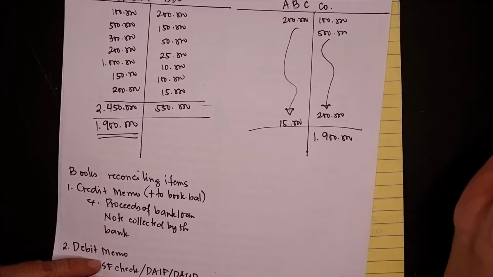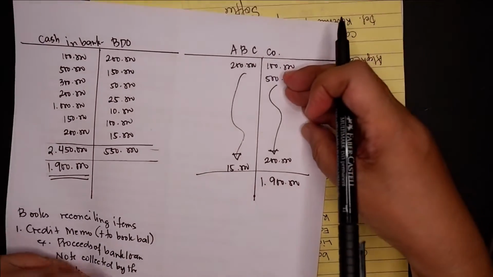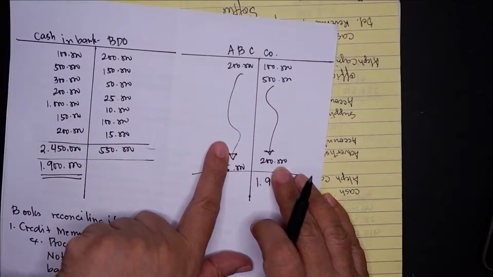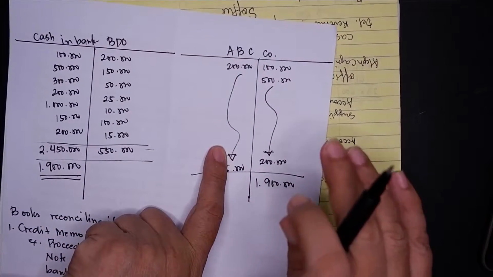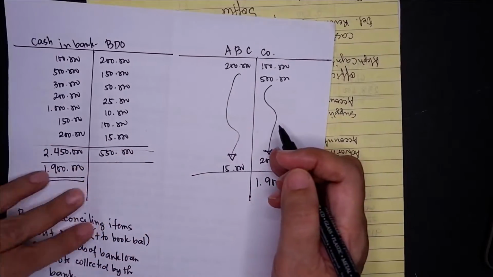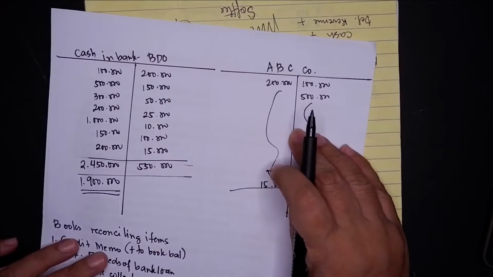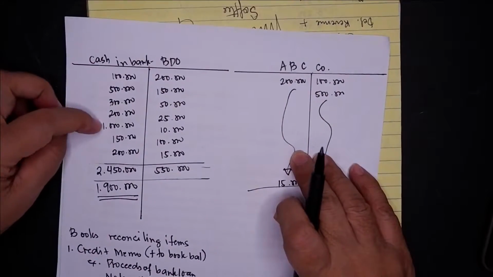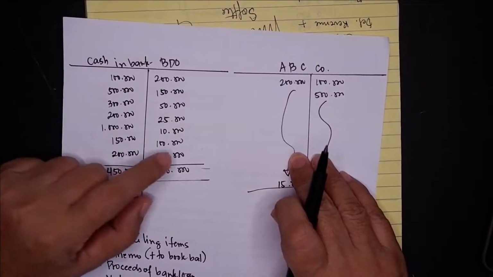So the check bounced and automatically the bank prepares an entry, debit ABC Company 150,000 and credit cash 150,000 to cancel the deposit. Since the bank has debited ABC 150, we do not have the corresponding credit for that.